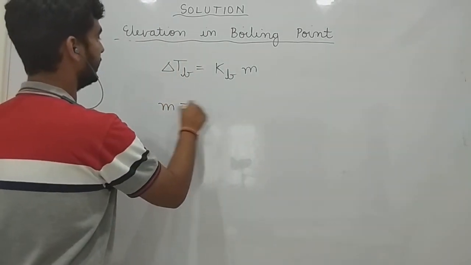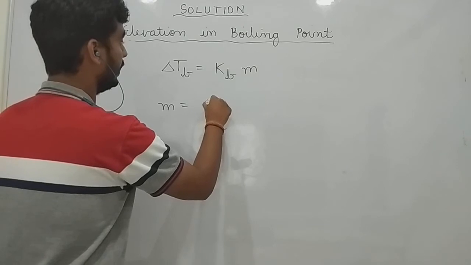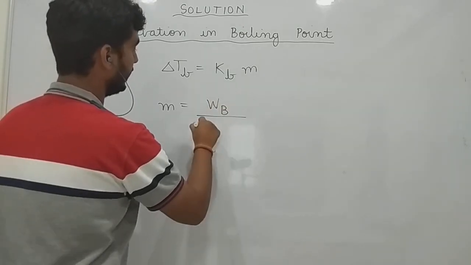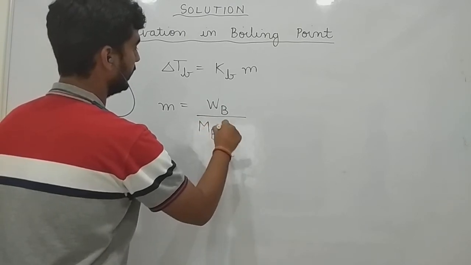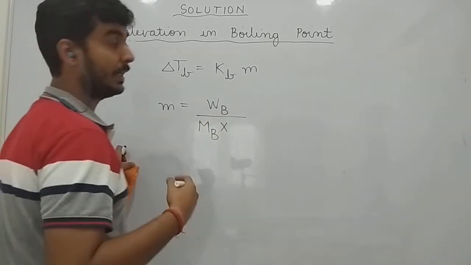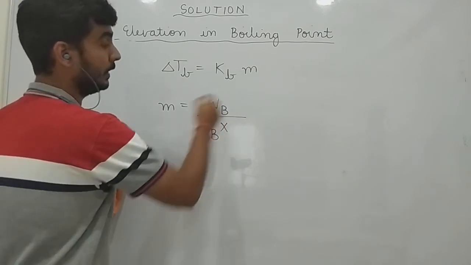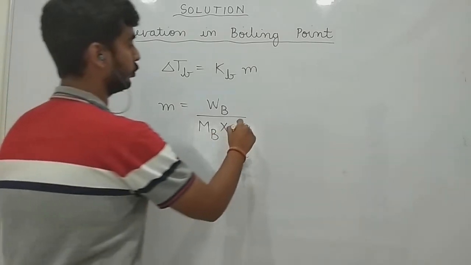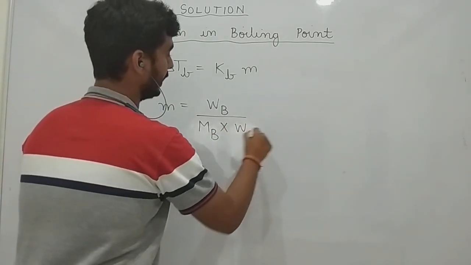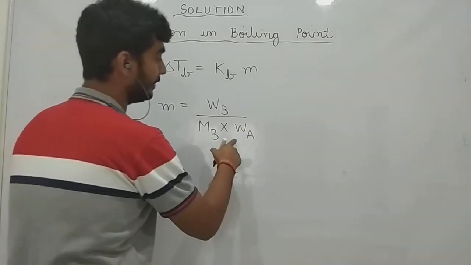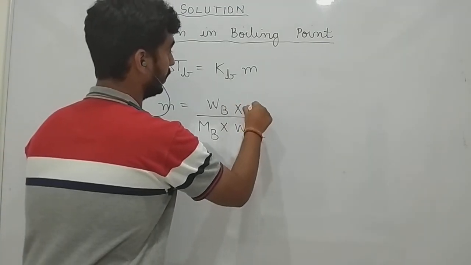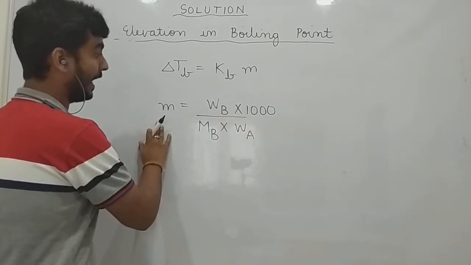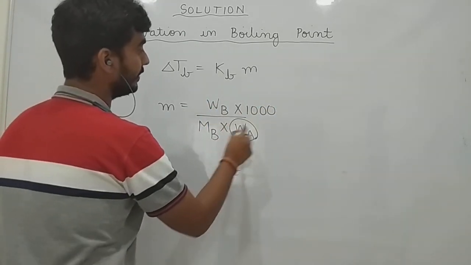The number of moles of solute is given mass of solute divided by molecular mass of solute, WB divided by MB. Now we divide it by the mass of solvent in kg. WA is the mass of solvent in grams, so we divide it by 1000 to convert it into kg. This is the expression for molality if WA is given in gram.